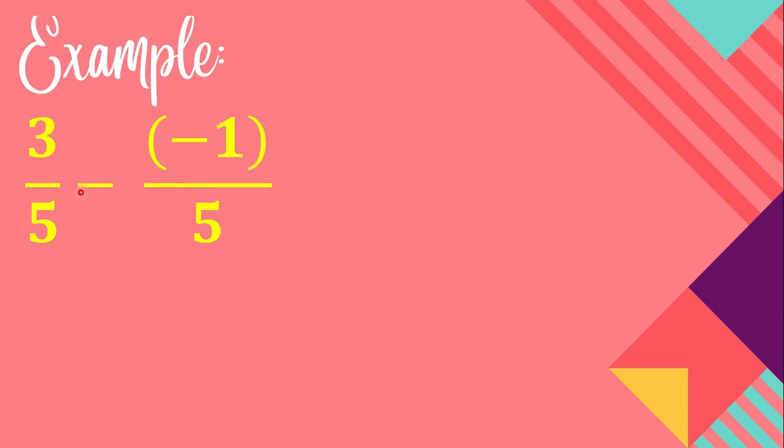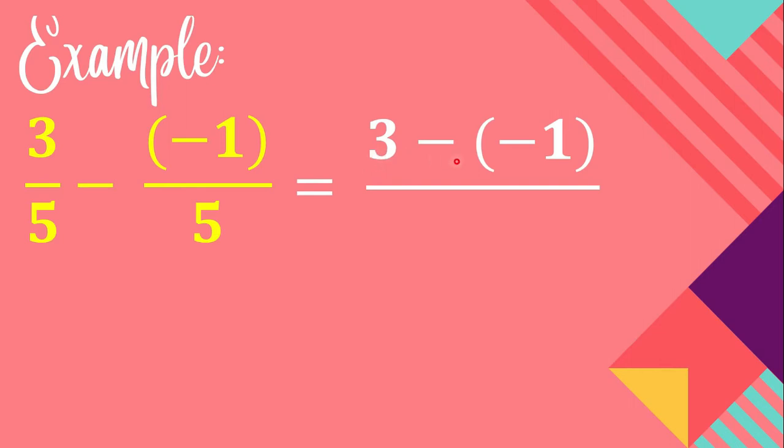Next, 3 over 5 minus negative 1 over 5 equals, again, first is to write your numerators, 3 minus negative 1 over 5. So you need to copy your denominator, and then that is equal to, apply the subtraction rule, 3 plus, because you change subtraction sign to addition sign, and then change your second number to its opposite sign.